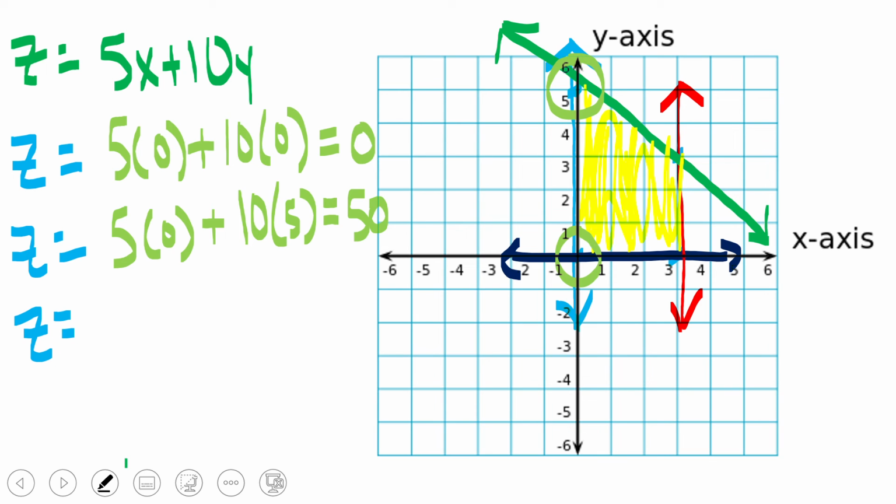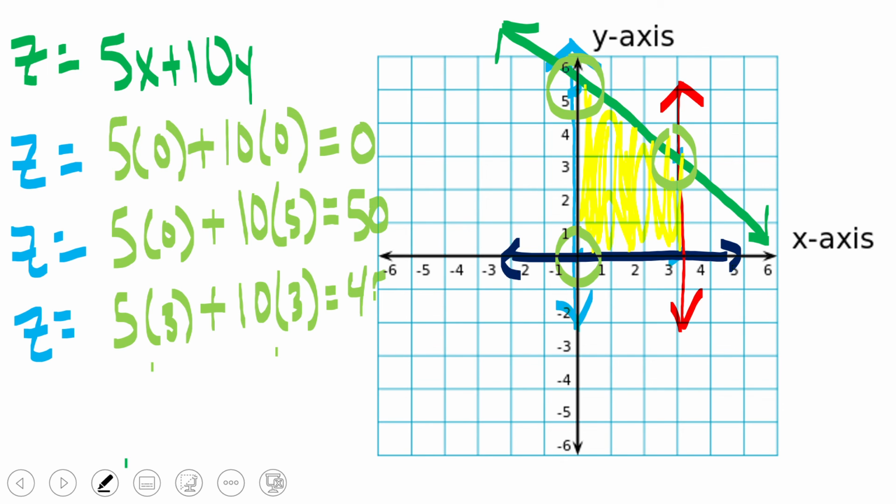We have another plotted point to test, and we see that it's at 3, 3. We don't have to test for the intersection point here. We can just see it on the graph. It's probably pretty close for this purpose. So 3 for x in the original expression plus 10 times 3 for y. And we get 15 plus 30 is 45.